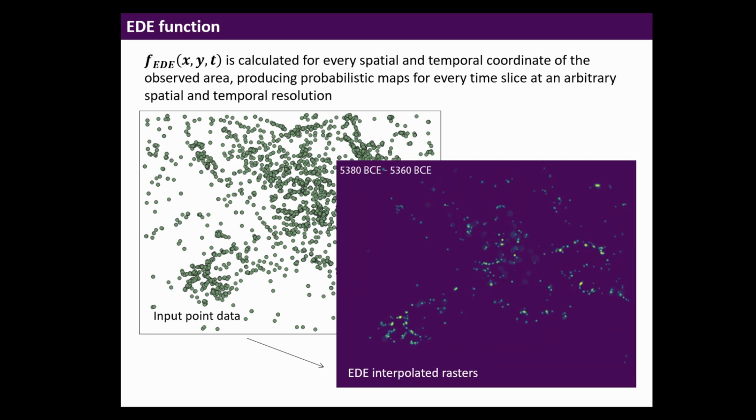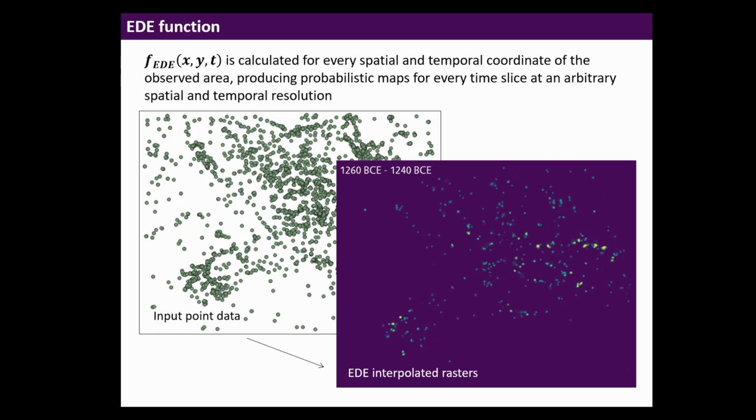So we can do environmental studies. We can look at site densities. So we can look at how the population dynamics changed. And you see, this is just an example region, but sometimes in some time slices there is a shift. So we see how the population or the site density moves in space.